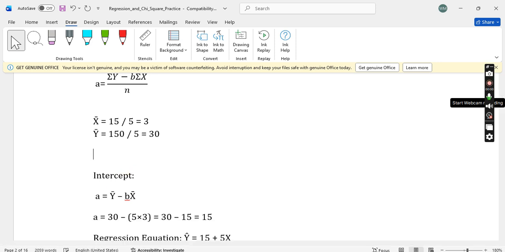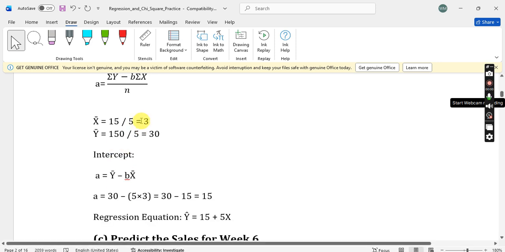So the average of x is 3. The average for y is 30. So our intercept a equals the average of y minus b times the average of x. The average for y was 30. B, which is our slope, is 5, multiplied by 3, which is the average of x. 5 times 3 is 15.